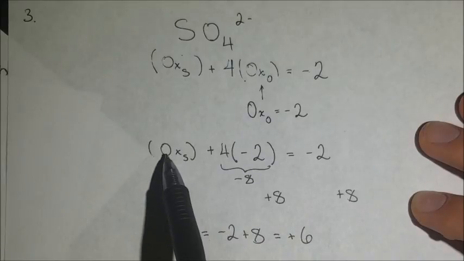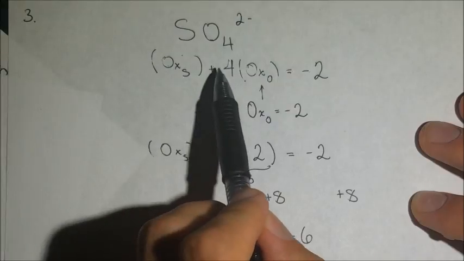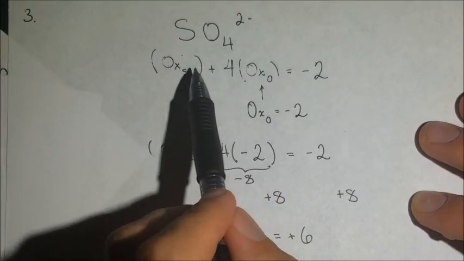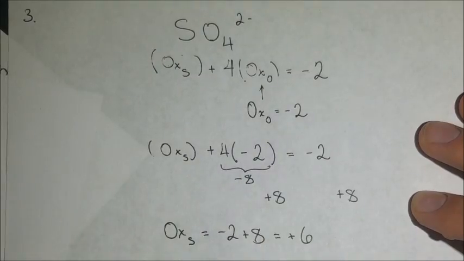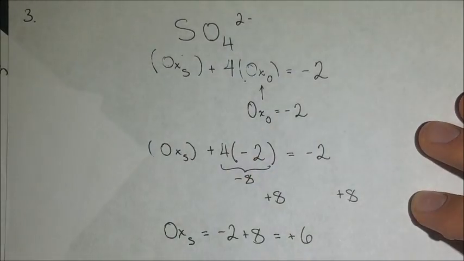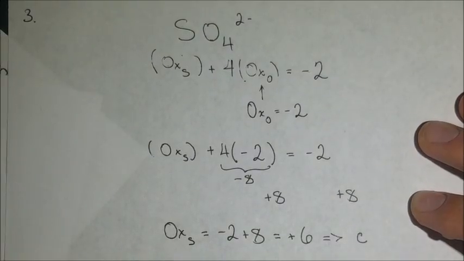So now if we plug 6 back into here, we got 6 plus 4 times -2, which is 6 minus 8, and that does indeed give you -2. So it works out with the charge of the molecule, so the oxidation number on the sulfur is +6. So that would correspond to C as being the correct answer for number 3.